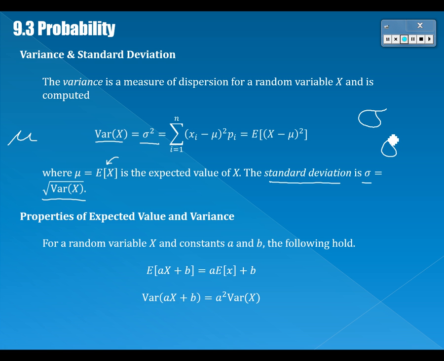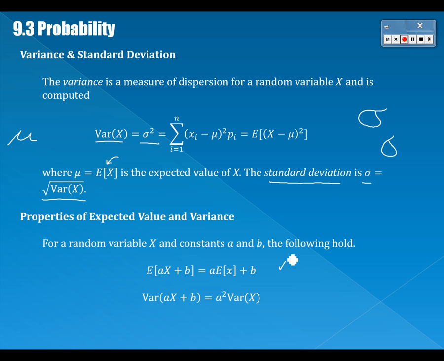Okay, so for a random variable x, let's talk about properties of these two things, and I promise we'll get back to variance and standard deviation some more in the future. Properties of expected value and variance. For a random variable x, and constants a and b, the following hold. And these should make sense, especially the expected value part.